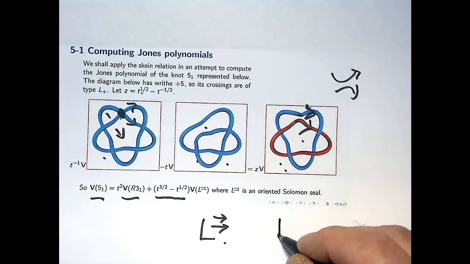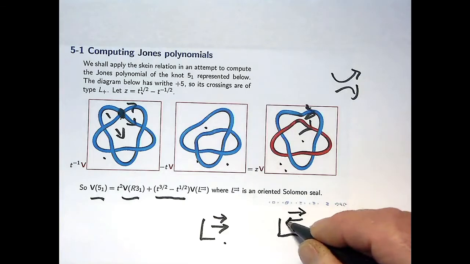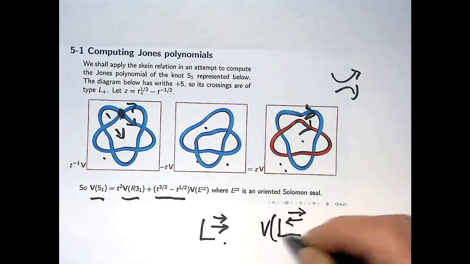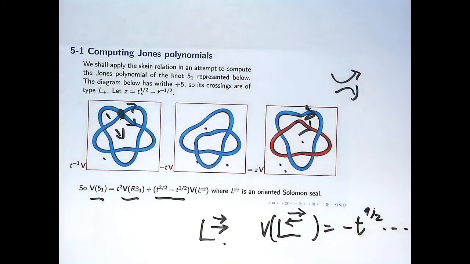So on the last sheet I had the top arrow going that way and the other arrow going backwards. And we computed the Jones polynomial of that. There was an exercise, maybe you're still doing it. And it started, I think, minus t to the 9 over 2, etc. There were 4 terms.